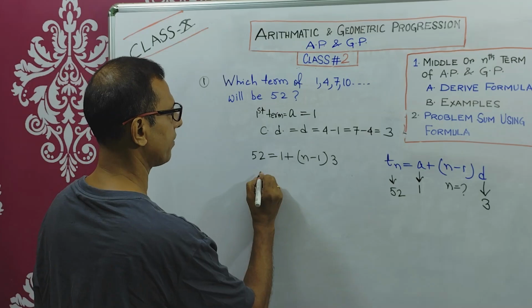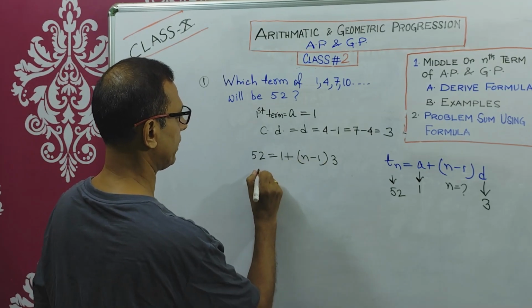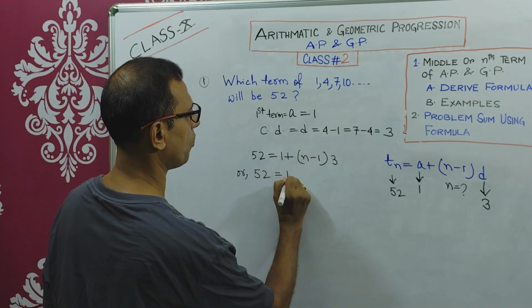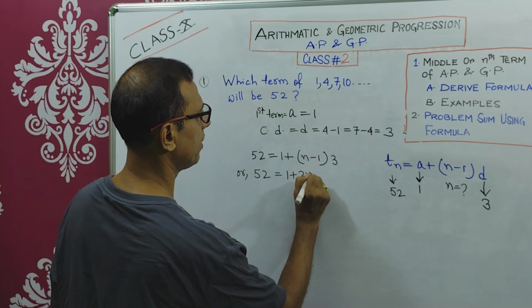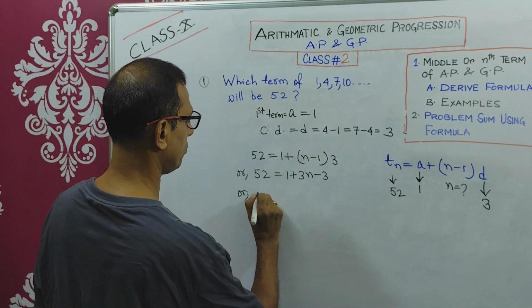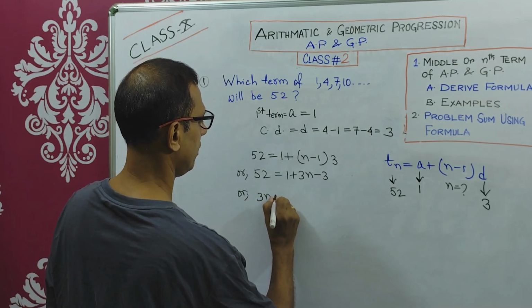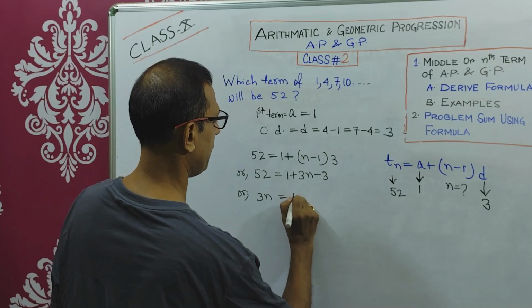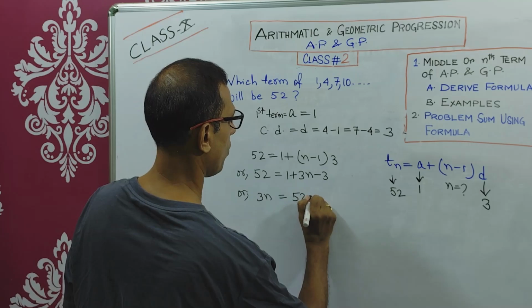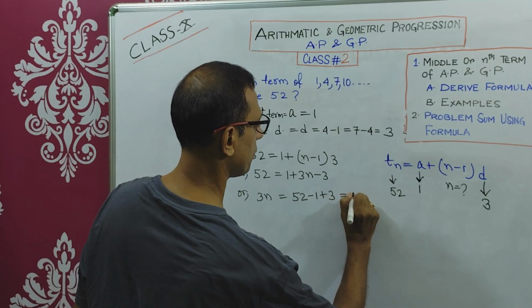That means I can write it like this: 52 equals 1 plus 3n minus 3, or we can write 3n equals 52 minus 1 plus 3, that is 54.